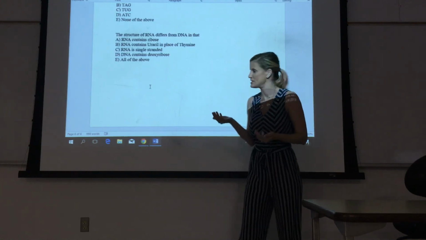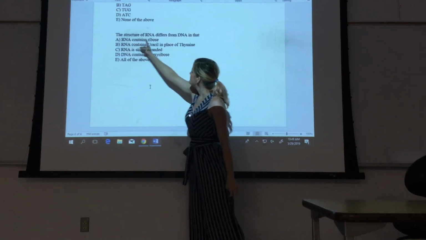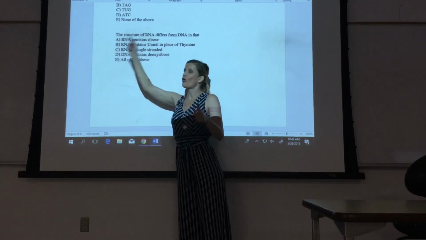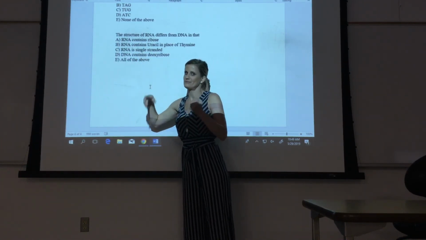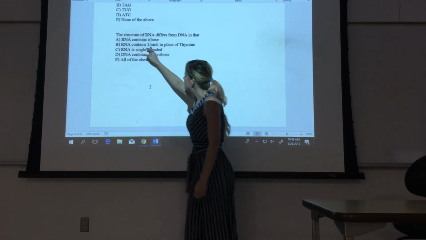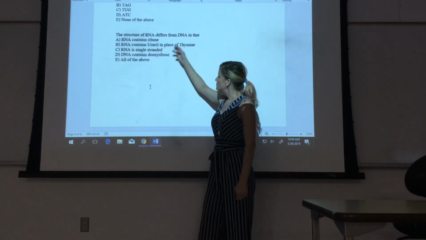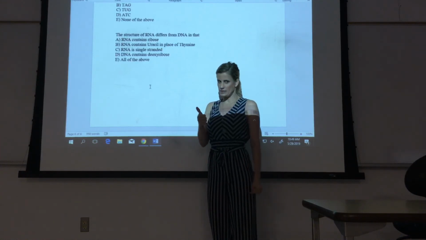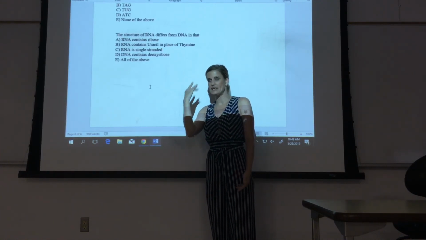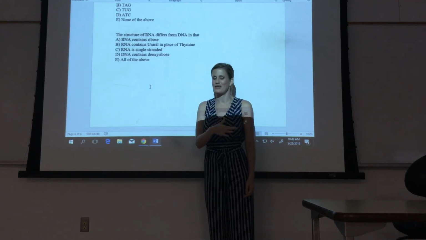So let's look at our choices. RNA contains ribose, yes, right? RNA means ribonucleic acid. Ribo for ribose, so that's true. RNA contains uracil in place of thymine, yes. Everywhere in DNA that we see a thymine, we can't have that thymine in RNA.